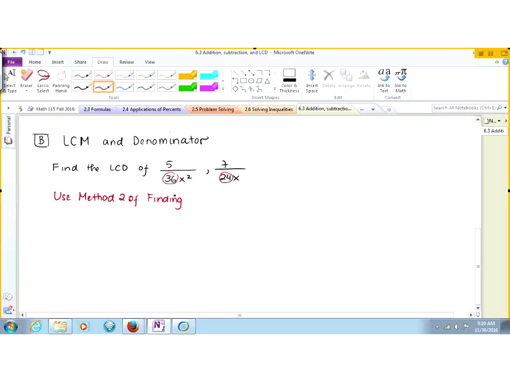I think that's probably going to be easier. So method 2 is write the prime factorization of each denominator.